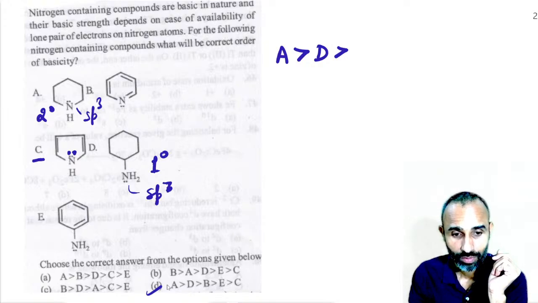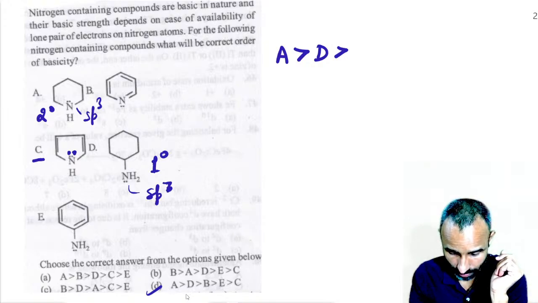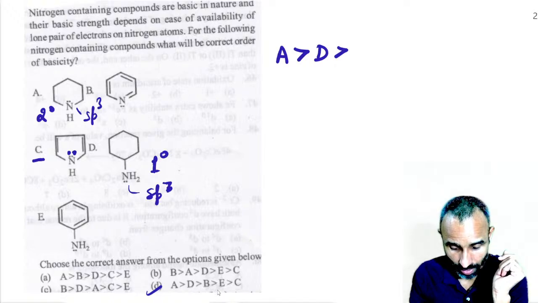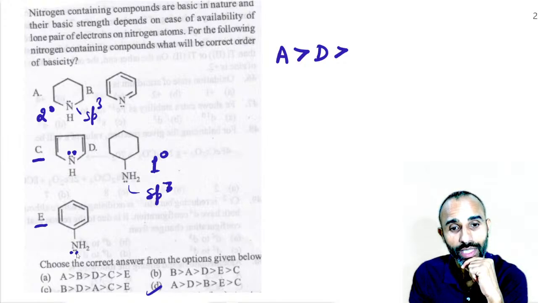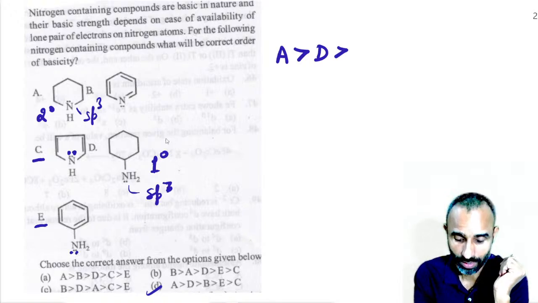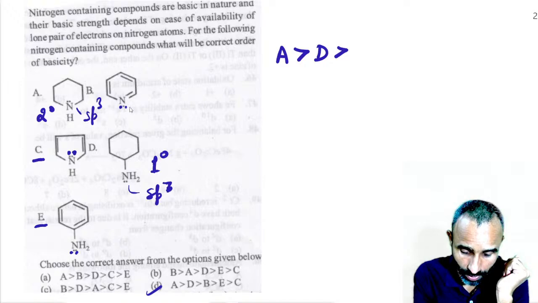If we compare A, D, B, now out of E and C, in E, lone pair is out of the ring, though it is in conjugation. But here the lone pair is intact.